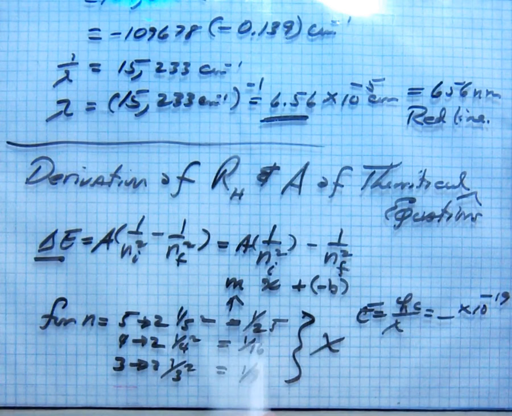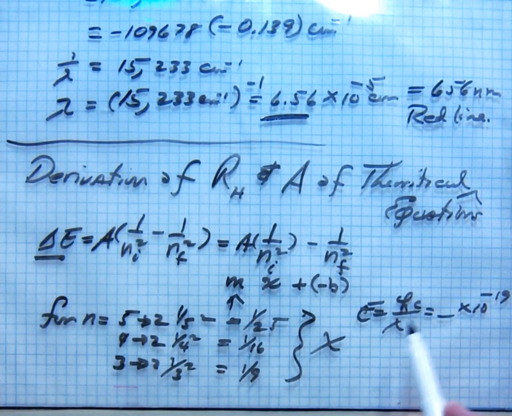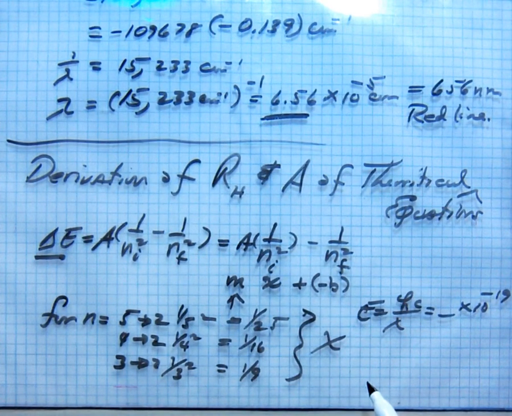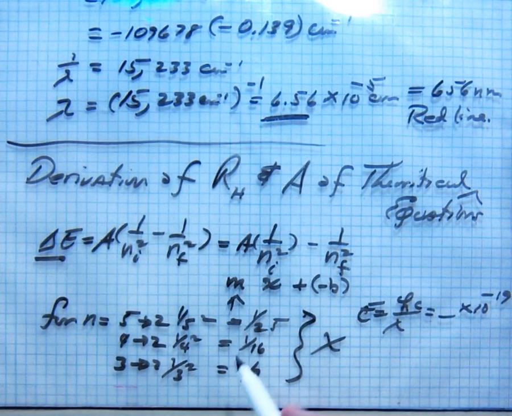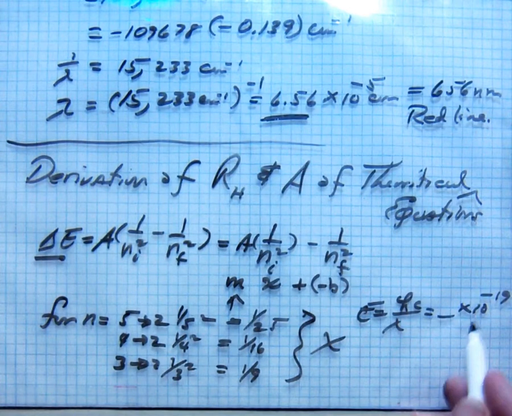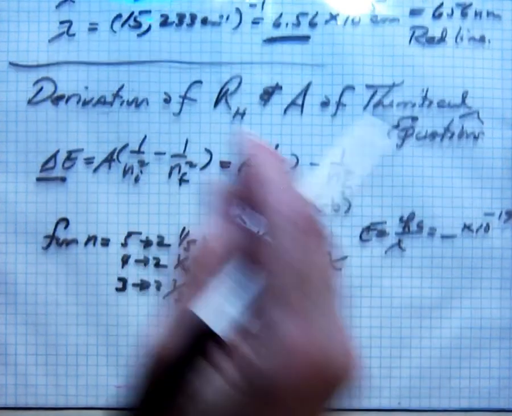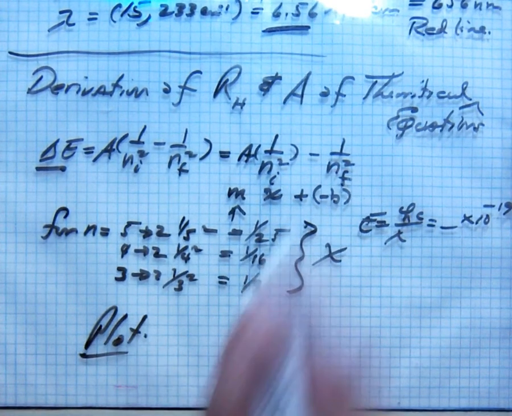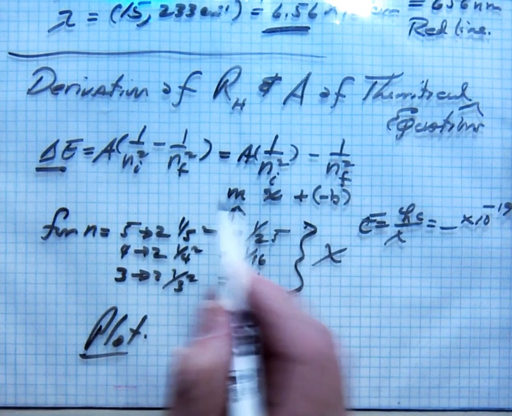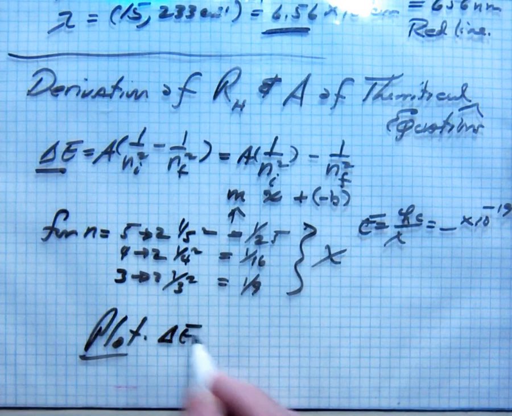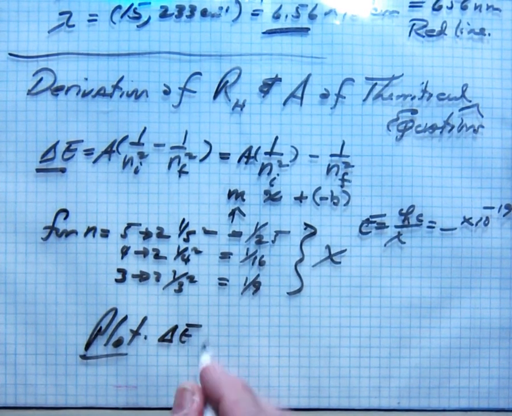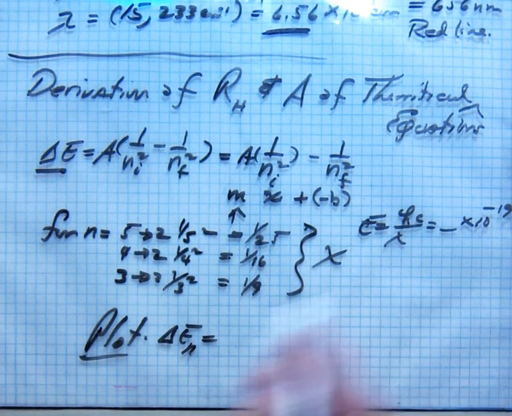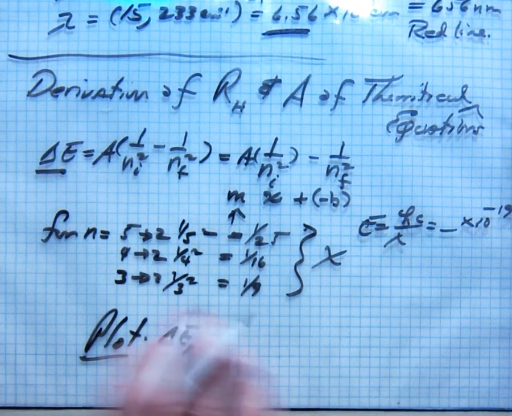For a 5 to 2 transition, you'd have the violet line. And the next one would be the blue line. This would be the green line transition. Oh, no, that's red, green, blue. I'm sorry. And I'm going to go through this with you next time anyway. Plot the values of delta E that you calculate for each transition, that's the Y value.